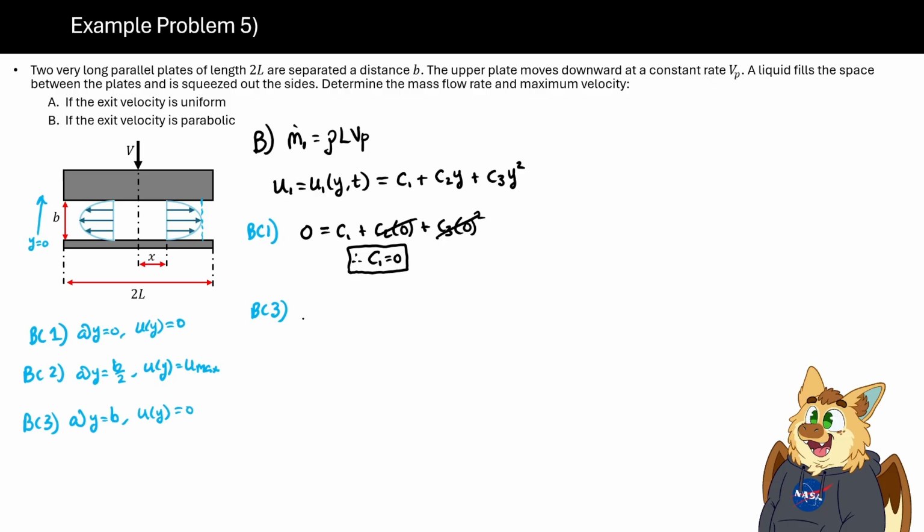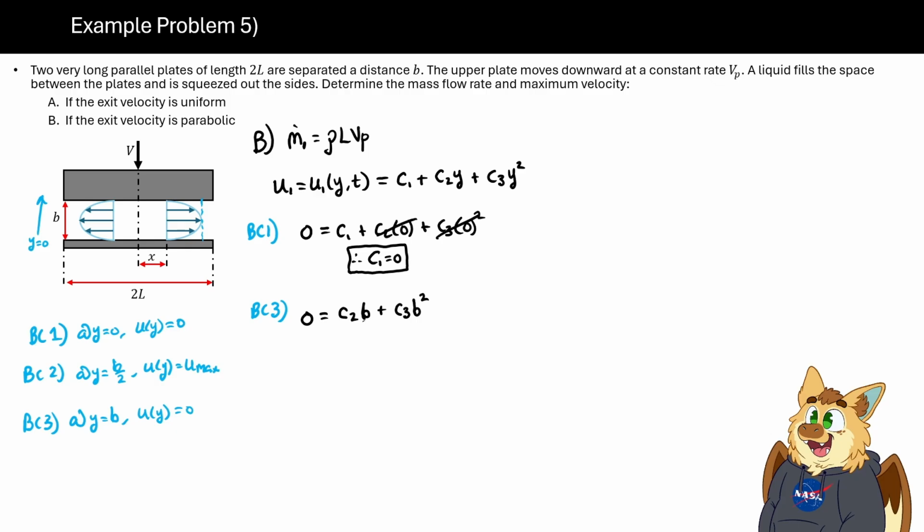Okay, so we have u of b equals 0, which is equal to, C1 is 0, so I'm not going to write it here, C2 times b plus C3 times b squared. Then we can create a relationship for these constants.